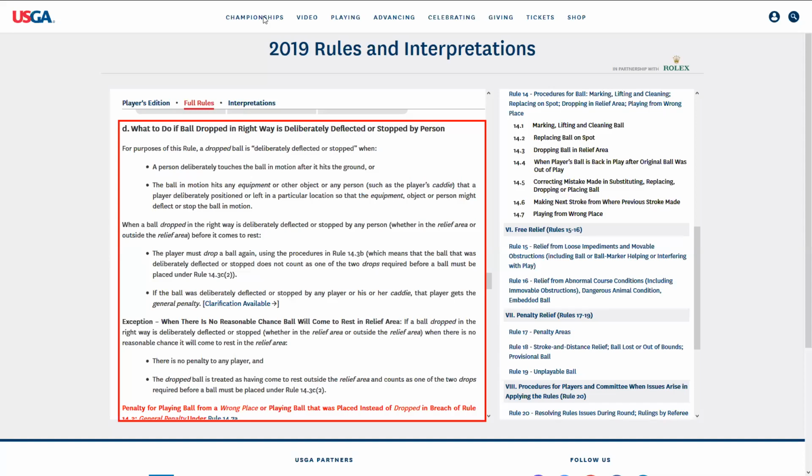That means if you drop a ball and it's now rolling pretty hard towards the edge of the relief area, and you know it's going to be outside the relief area when it comes to rest, you can deliberately pick up that ball, even if it's technically still in the relief area, as long as it's reasonably likely to go outside the relief area. And then that is treated as one of the 2 drops for purposes of deciding whether you have to redrop. That's new.